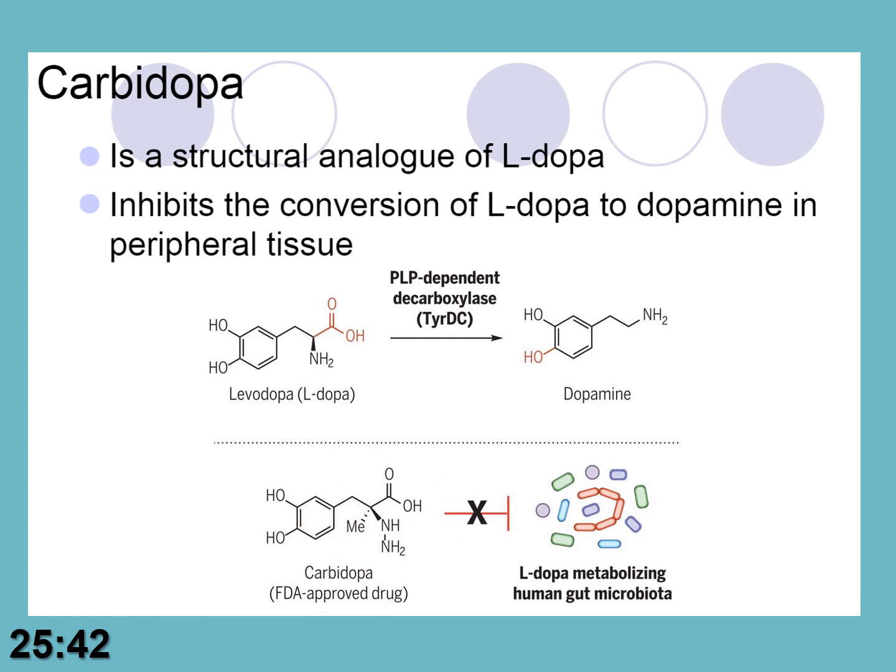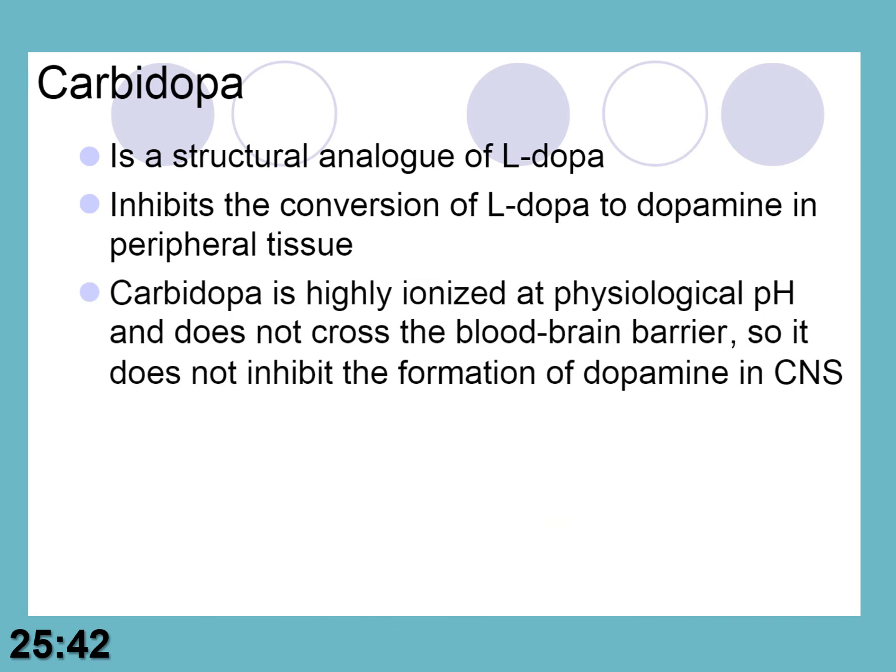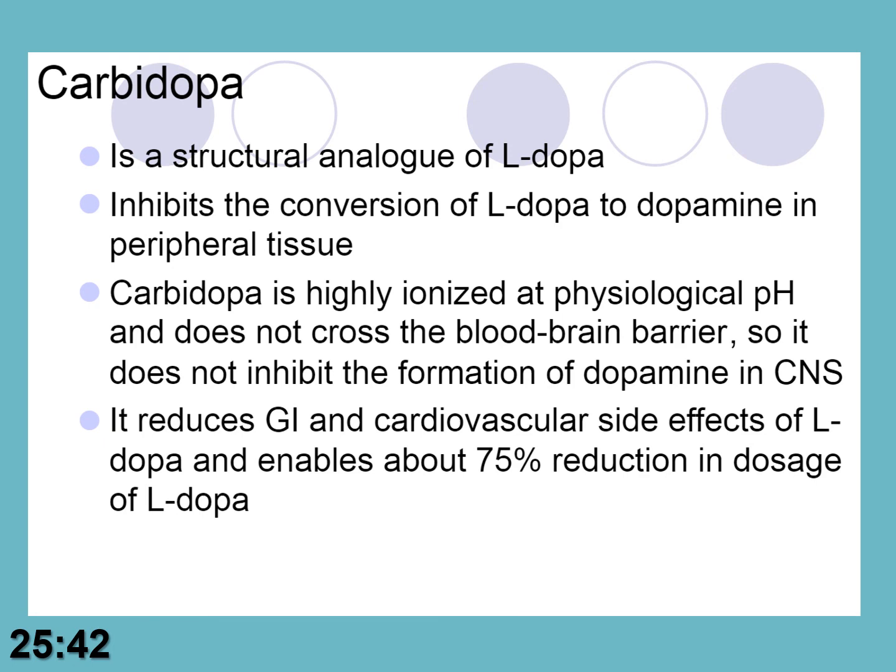But what's really interesting about it is that carbidopa is normally ionized at physiologic pH. And when you have an ionic charge, that means you can't cross membranes readily. The blood-brain barrier is a membrane, so carbidopa will not inhibit the formation of dopamine in the CNS, but it will inhibit dopamine formation in the peripheral tissues, particularly the GI tract.